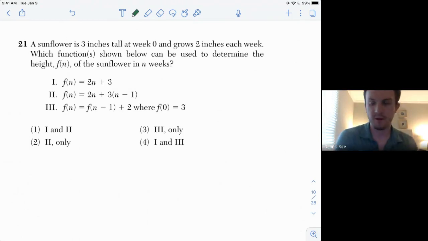These can be kind of annoying because there's no way to answer it right away, because you have to look through the choices. You can't read this and be like, oh, it's 2, right? You have to check each case, if you will.